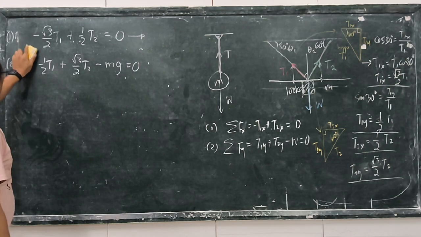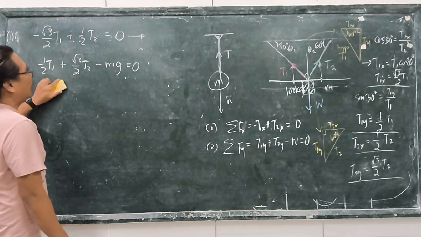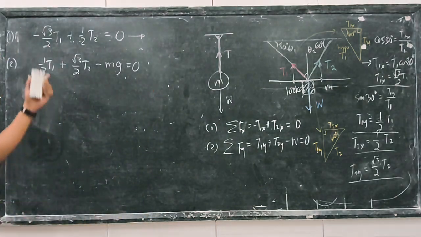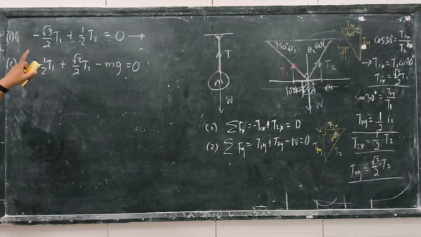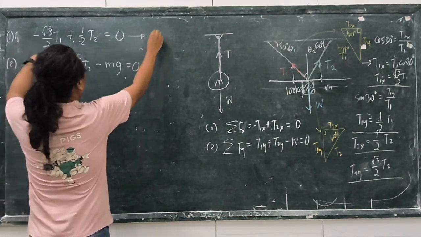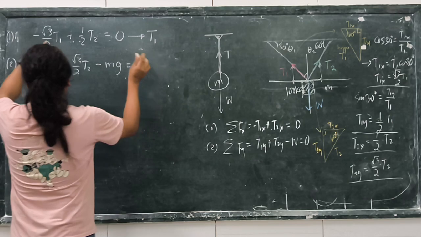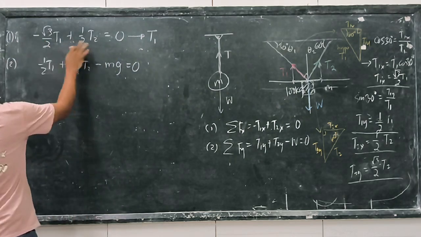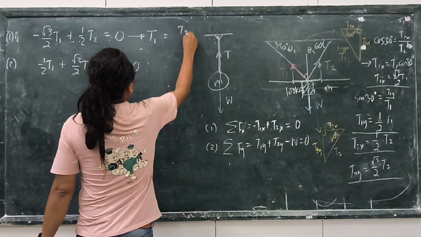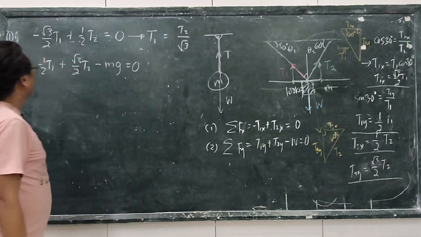Now, from here, we can use substitution, solving two equations, two unknowns. So we use substitution. From here we see that T1, and I'd like you to derive this, T1 would be equal to T2 over square root of 3.